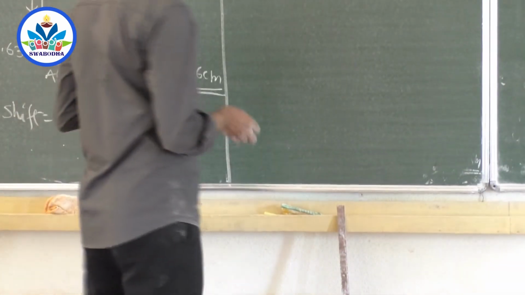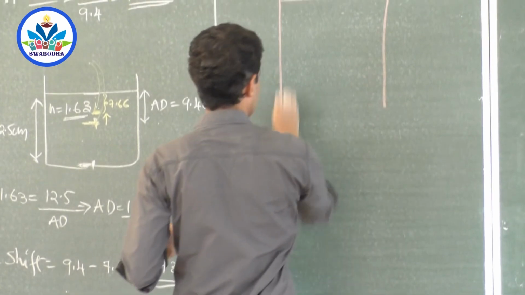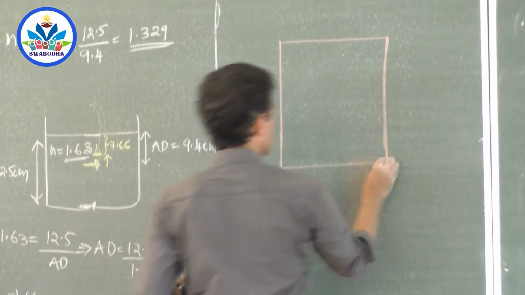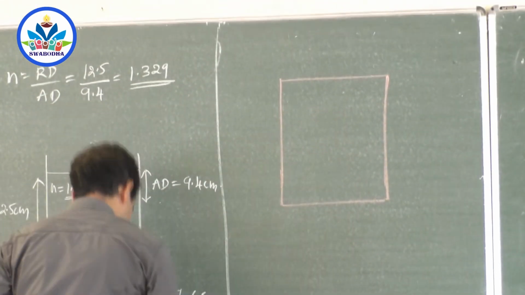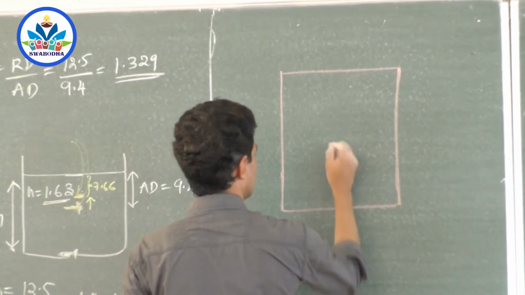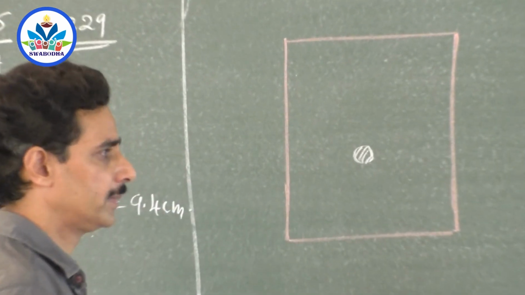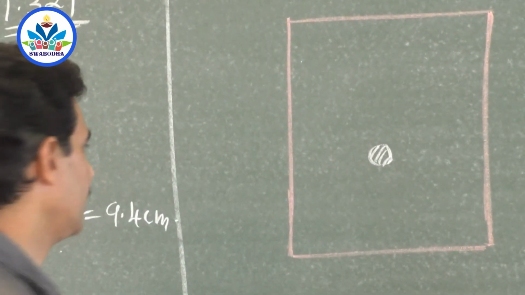Very simple problem. Now, I will write the values. I will take a glass slab, a square or rectangular shape, whatever it is. I will mark an air bubble, and let us imagine that this is the real air bubble. A small air bubble is inside a transparent cube of side 0.21 meters.